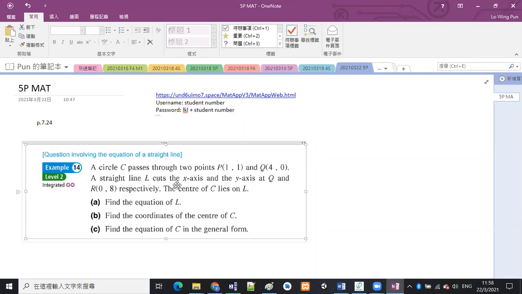It will be integrated, merging all the techniques we have learned about the coordinate system together. But don't worry.